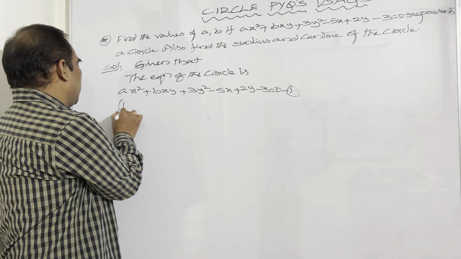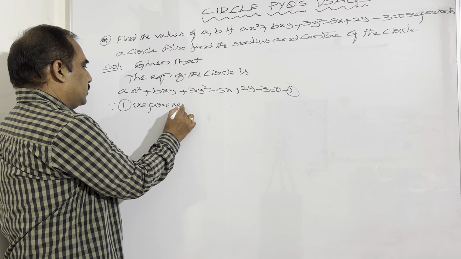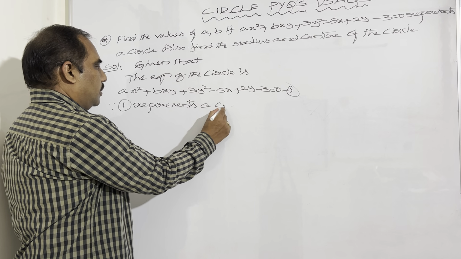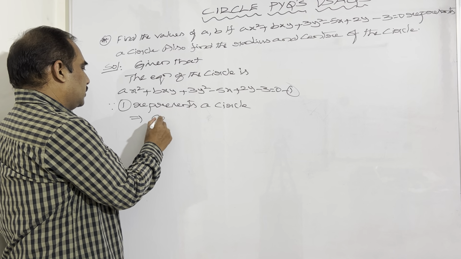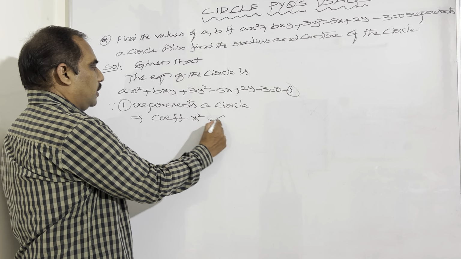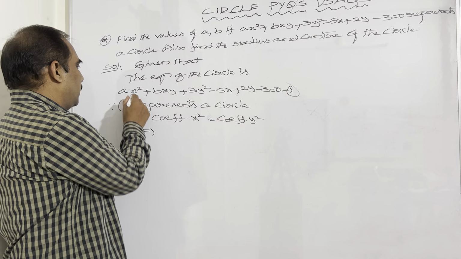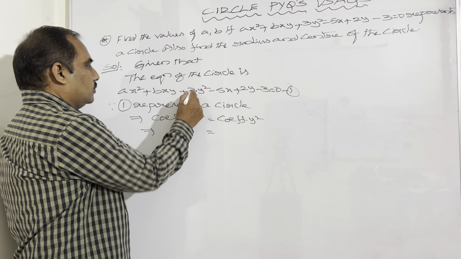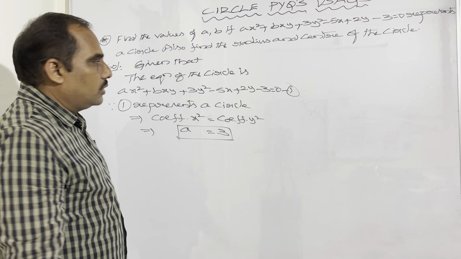Since 1 represents a circle, we know the first condition is that the coefficient of x² is equal to the coefficient of y². Here the coefficient of x² is a and the coefficient of y² is 3, so a is equal to 3.